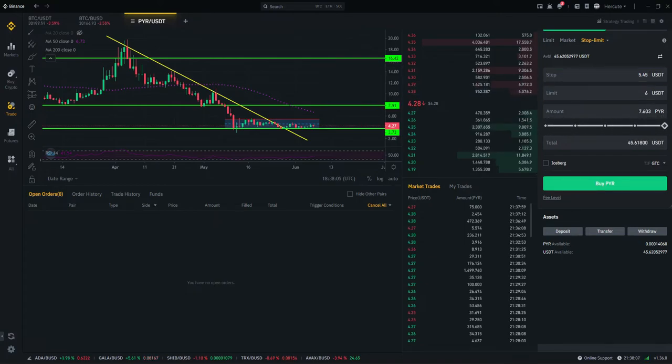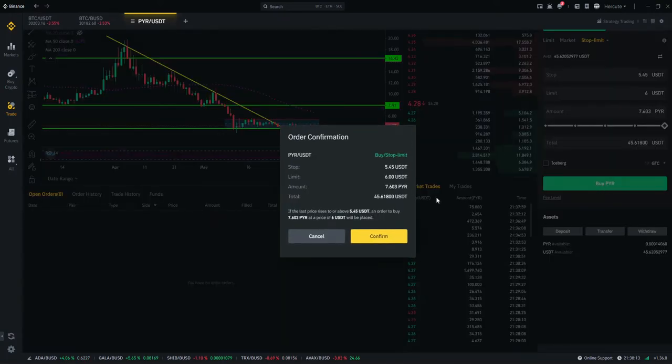I'll say I want to buy with all my USDT, which is 45 USDT. Then I'll click buy PYR and notice what the order confirmation says. If the last price rises to or above 5.45 USDT, an order to buy 7.603 PYR at a price of 6 USDT will be placed.